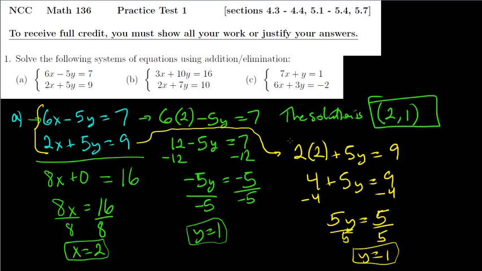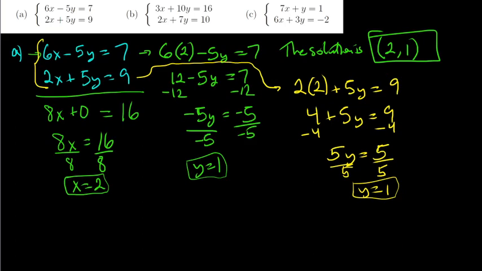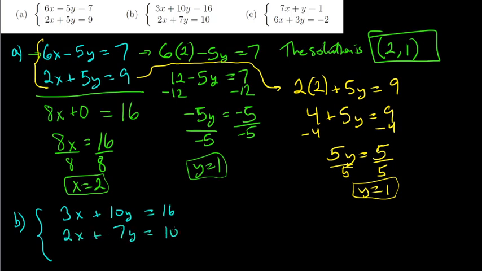All right. So on to part B. So part B, we have again two equations and two variables here. We have 3x plus 10y equals 16, and 2x plus 7y equals 10.